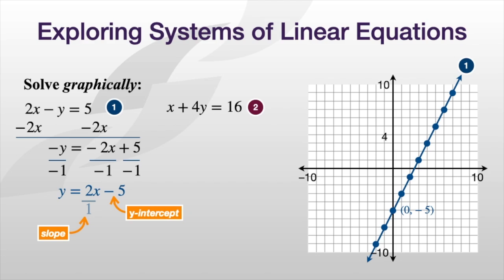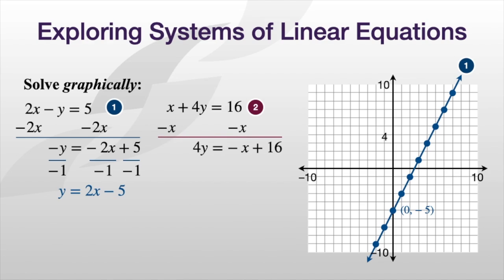Turning to equation 2, first subtract x from both sides. Next, divide each term by 4. This gives y equals -1/4 x plus 4. The slope is -1/4. The y-intercept is +4.